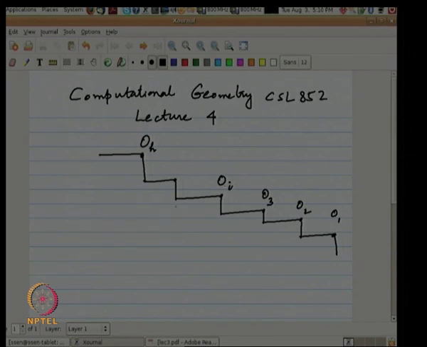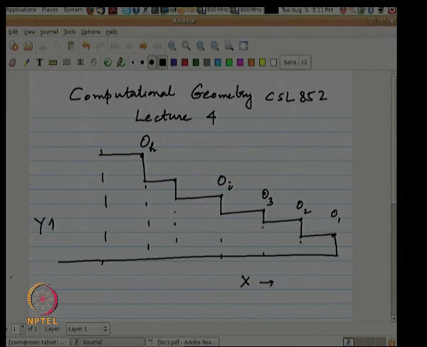And the remaining points must be essentially under the staircase, and they are distributed in some fashion. So, this is my x axis, this is my y axis, and the remaining points which are not maximal appear under the staircase in some way.